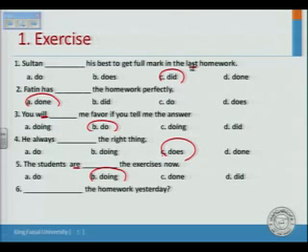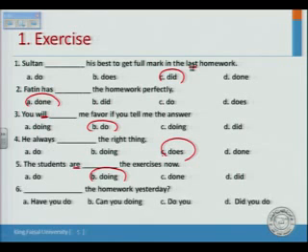The 6th sentence here: the homework yesterday. You see, this is a question in the past. I ask about something in the past, an action in the past. So, have you do? Can you doing? Do you? Did you do?